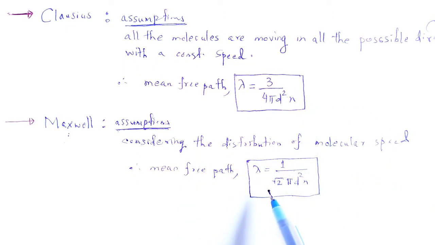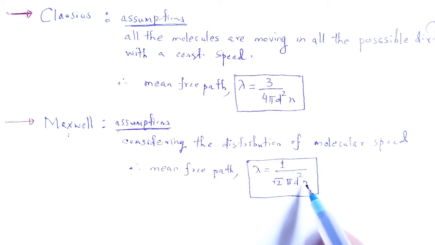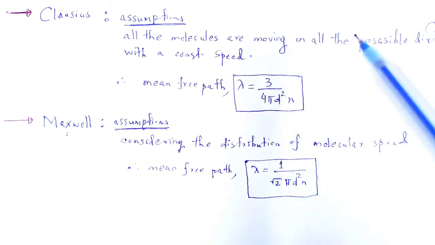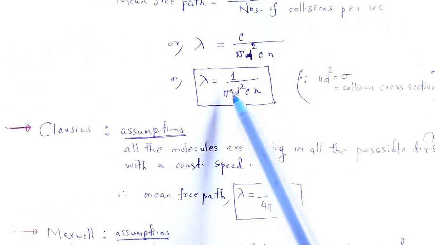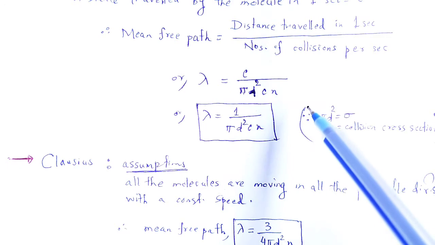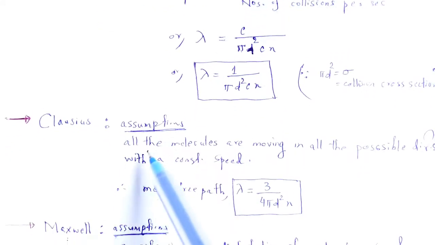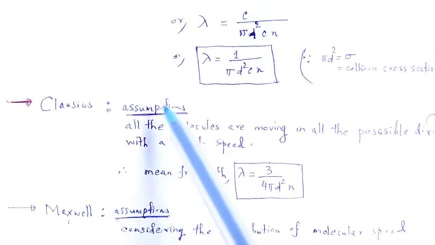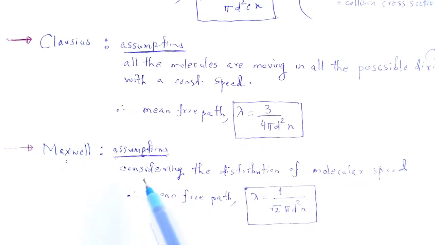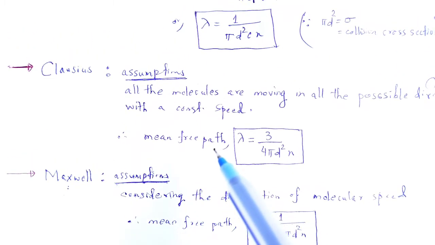Mean free path lambda is inversely proportional to the number of molecules per unit volume. Look at these three expressions. This is the expression when we consider the molecule in motion and other molecules at rest. This is by taking the assumptions by Clausius. This is the assumption made by Maxwell and his mathematical relation for mean free path.